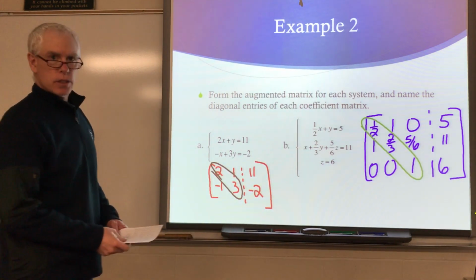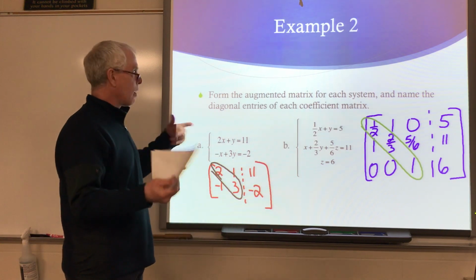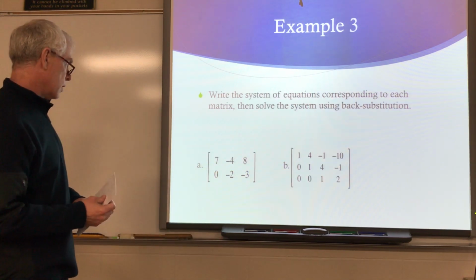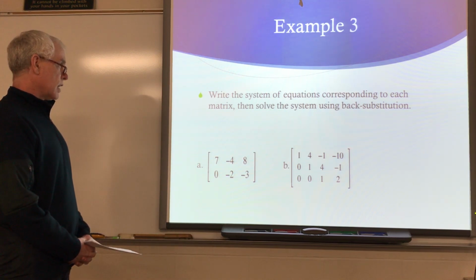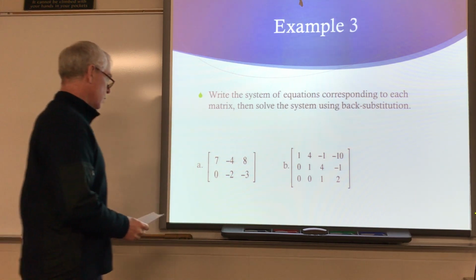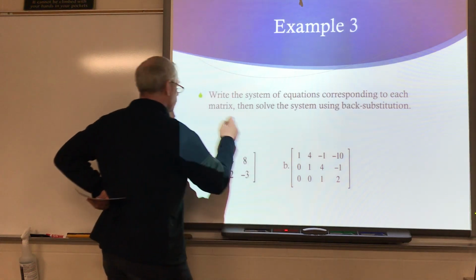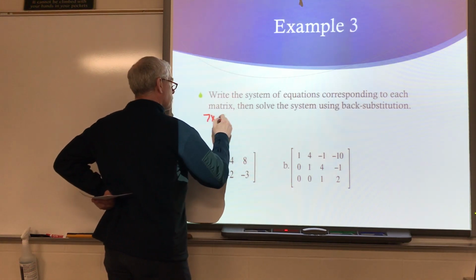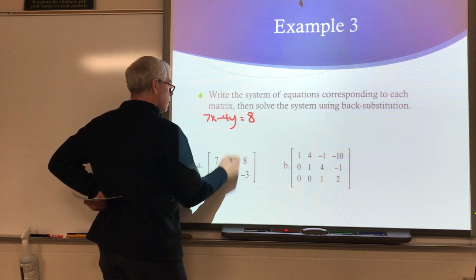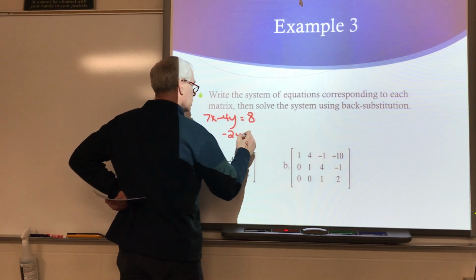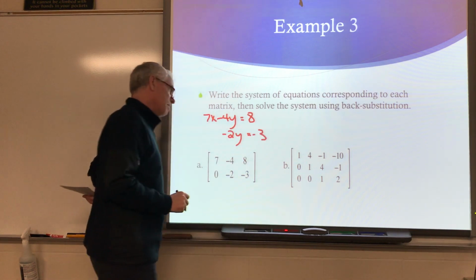These aren't too bad, just rewriting it using matrices, which is going to help us solve some problems in the future. So write the system of equations corresponding to each matrix, then solve the system using back substitution. So this first one really means 7x minus 4y equals 8, and negative 2y equals negative 3.